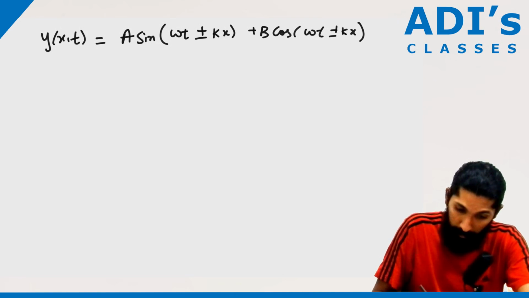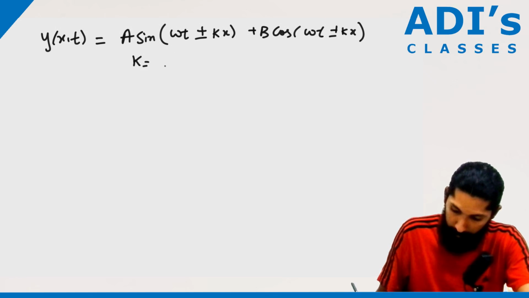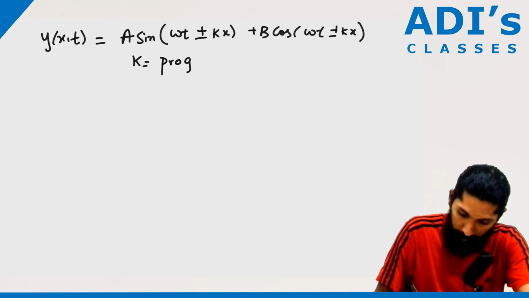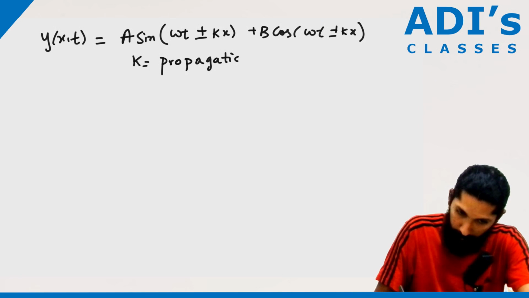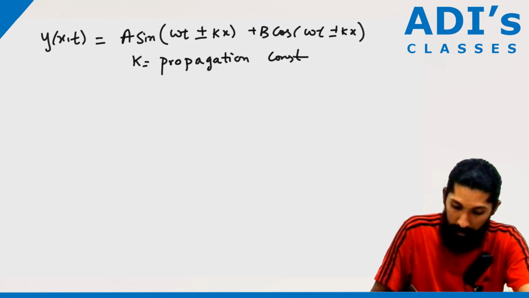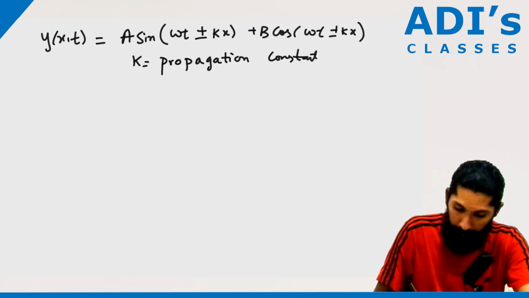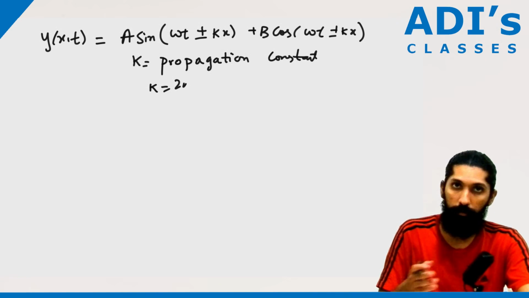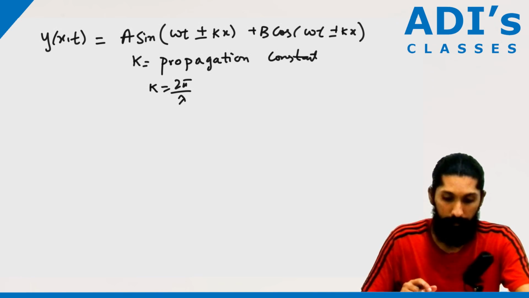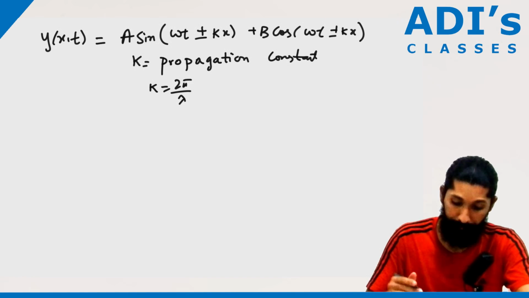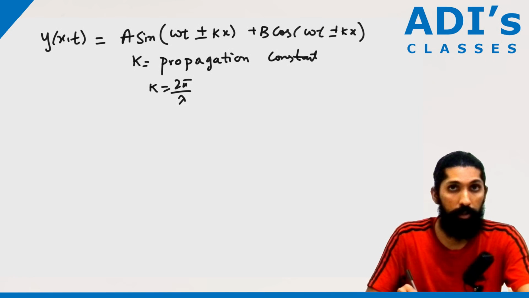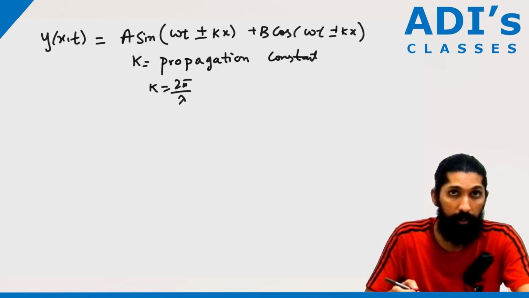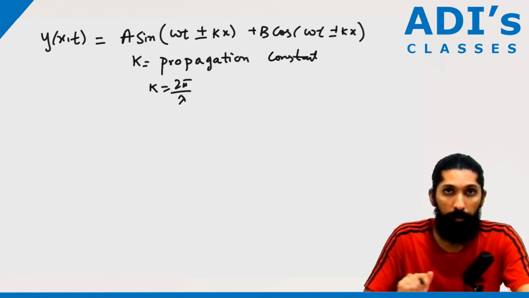Now here the k value, k, is called the propagation constant, and the value of k is 2 pi by lambda, like what we did a couple of minutes back. Now since we have a linear combination, this can also be used to represent a progressive simple harmonic motion.